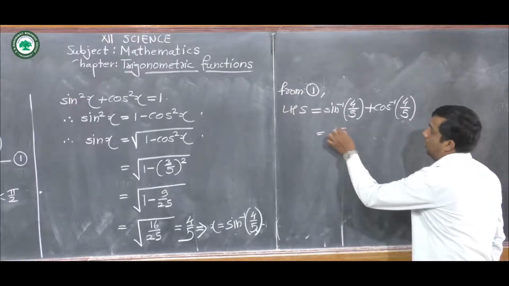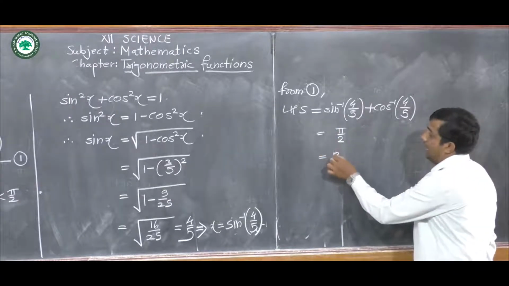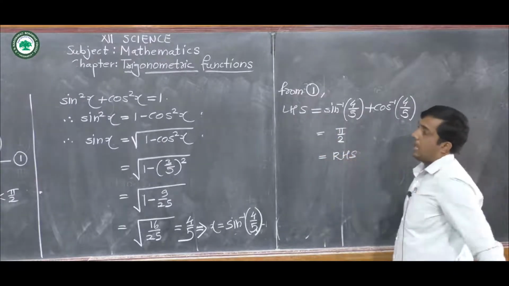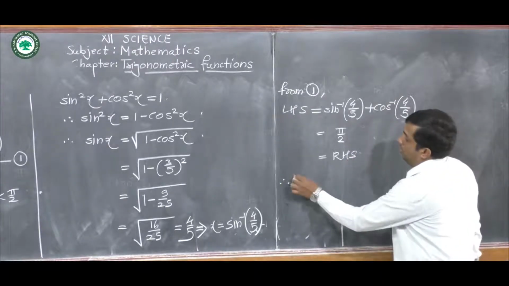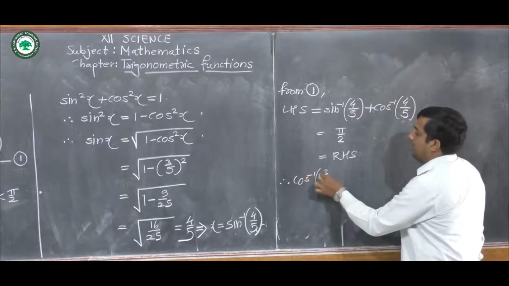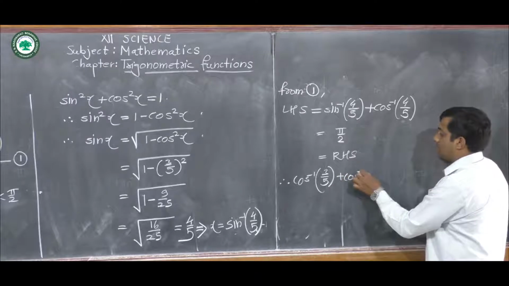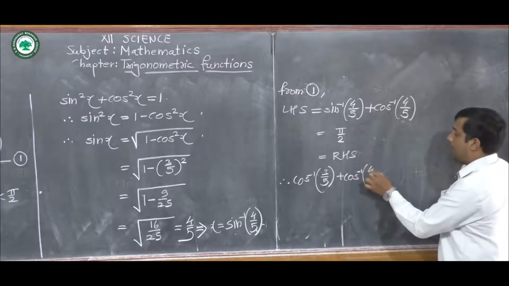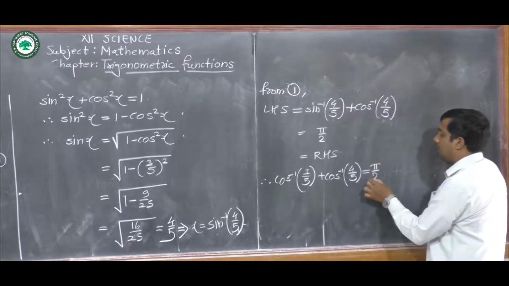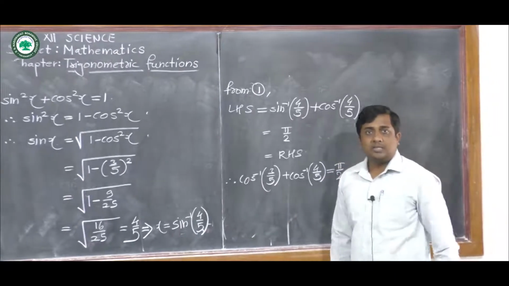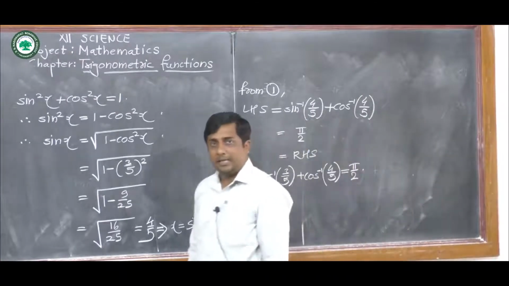So here also we get pi by 2, and this is our RHS. So by using our property, we prove cos inverse of 3 upon 5 plus cos inverse of 4 upon 5 is equal to pi by 2. Very simple example it is.